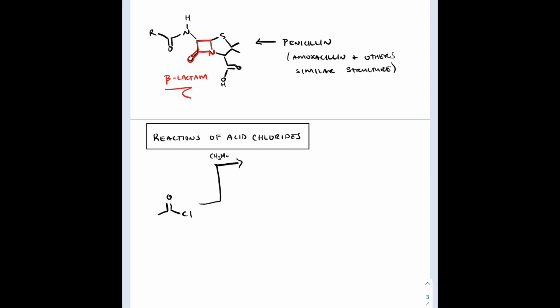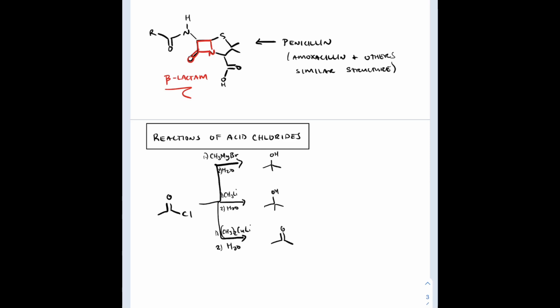So the reactions of acid chlorides, first and foremost, is something we've seen before. We saw acid chlorides reacting with Grignards, and remember the Grignards were strong nucleophiles, and they attacked twice to make an alcohol, as well as the organolithiums.